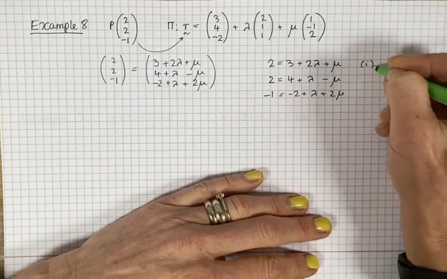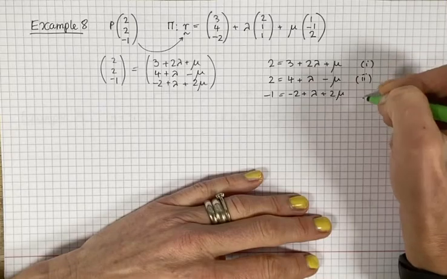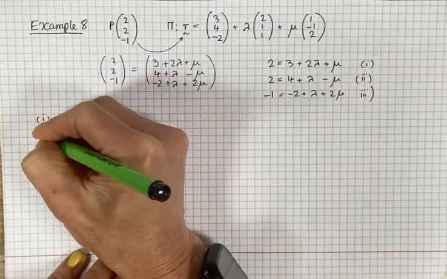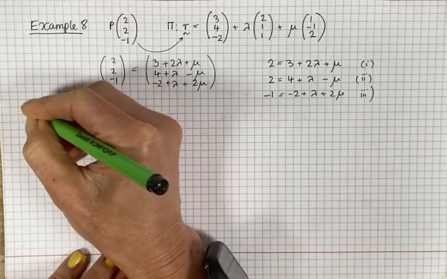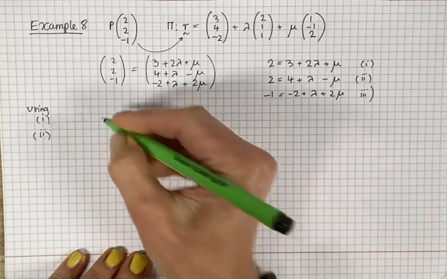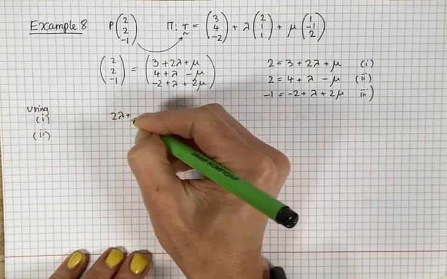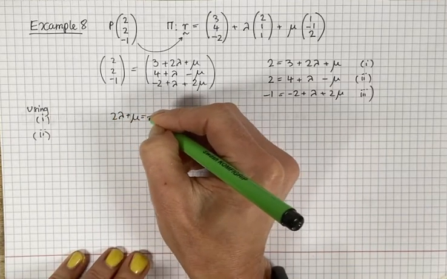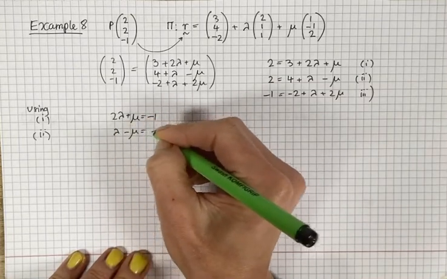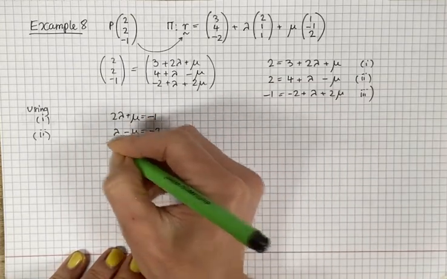So using equations I and II, rearranging it first, we're going to get 2 lambda plus mu is equal to minus 1, and lambda minus mu is equal to minus 2.